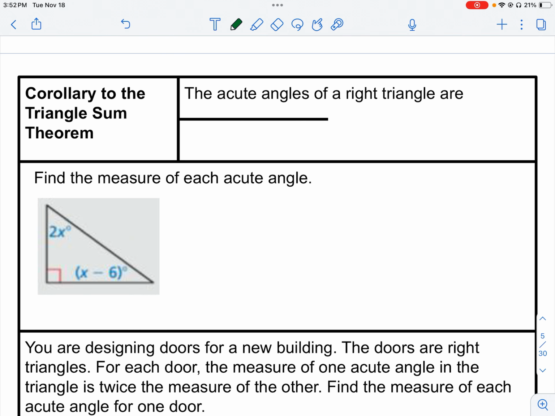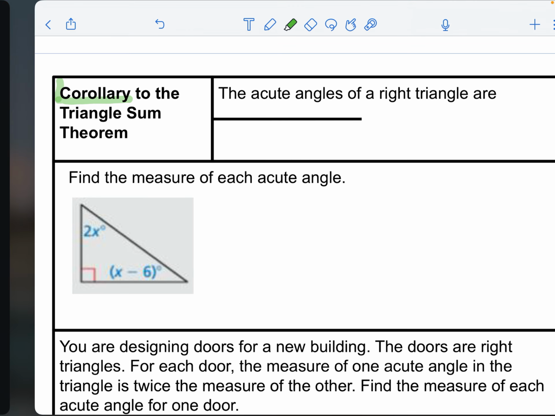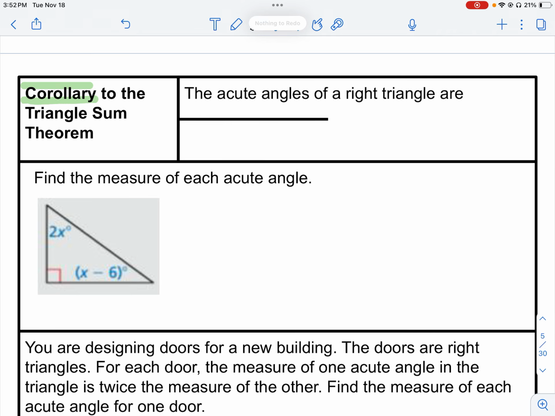All right, so our triangle sum theorem says that all three angles add up to 180 degrees. And a corollary is something that is true based on our theorem information.